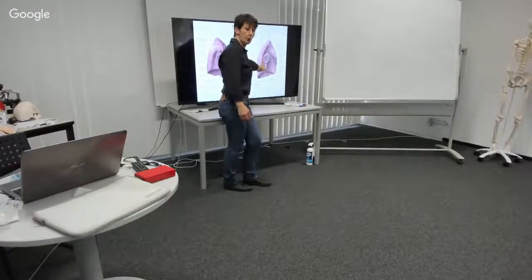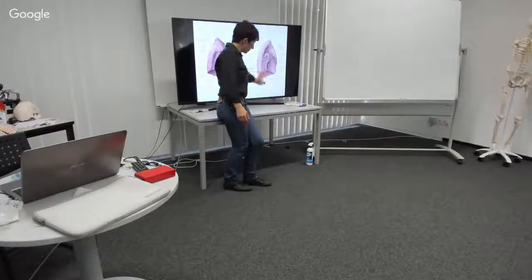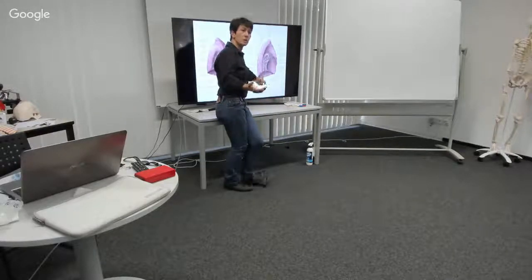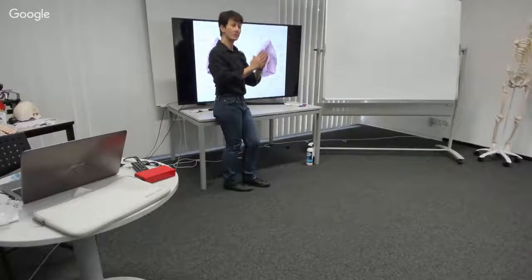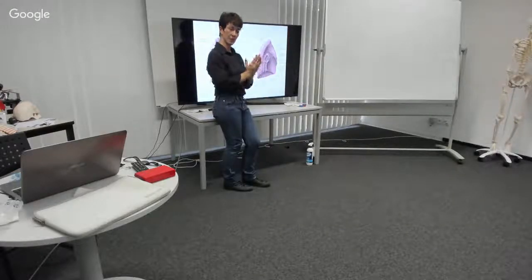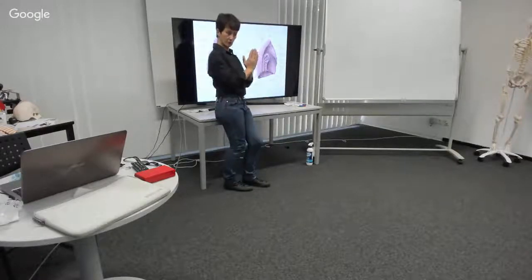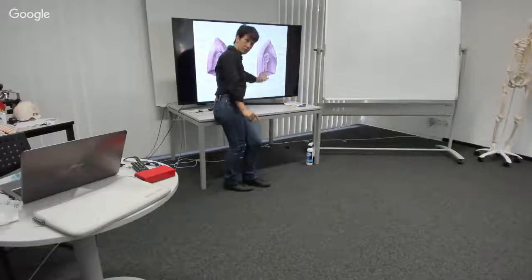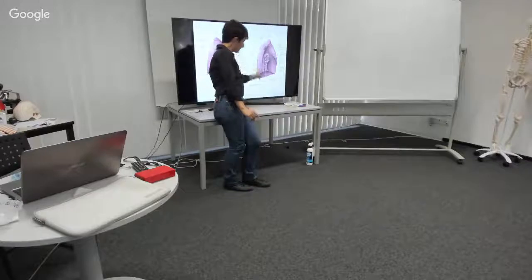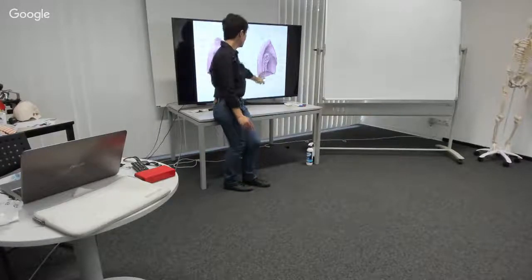This is the arch of the aorta. And then the descending aorta. And what did we just describe as a relation between the descending aorta and the esophagus? The descending aorta is forcing the esophagus to become more superficial. And this is the esophagus. This is posterior. Here, we have the groove of the esophagus.